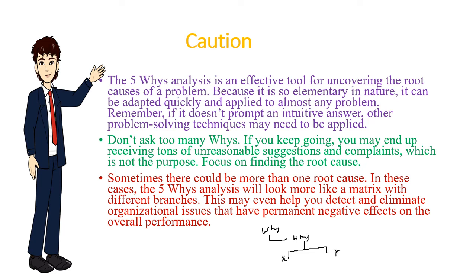Now you need to ask why again here, and also why here. The answer to this y may again be two: maybe z, z and w, and again you can ask why to it. So this is the branched why.